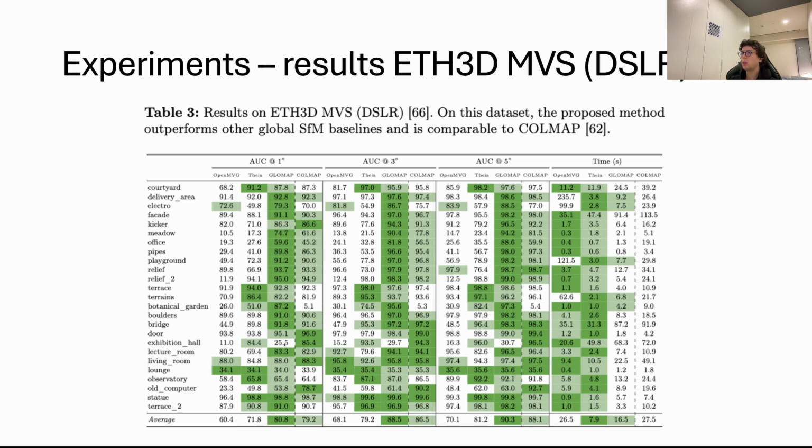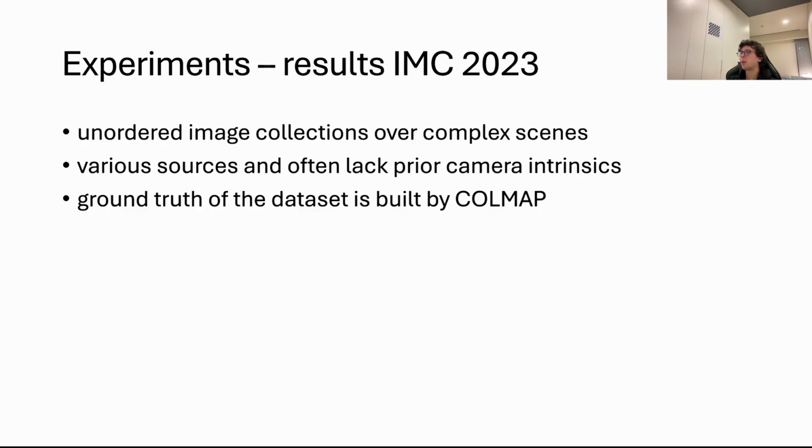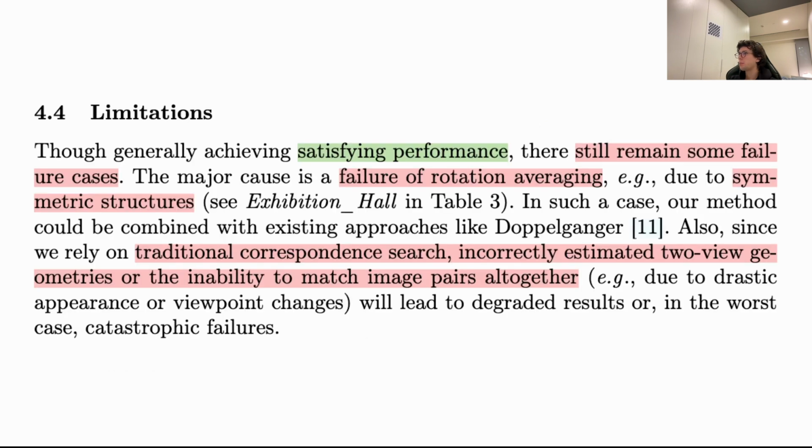We can see here GLOMAP is very, very low, and I don't remember if it has some mirrors or it is exactly the same type of structure on the right and on the left, so it kind of gets confused with the rotation averaging, or rather you get confused with the point optimization step, let's say, on the symmetric structures.